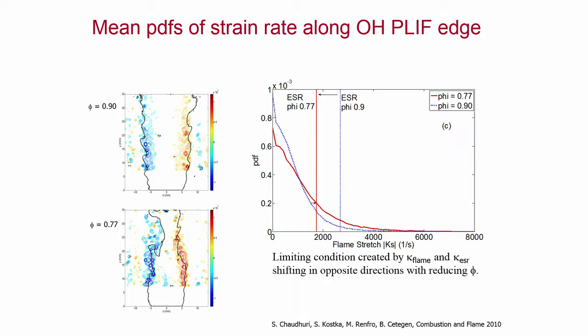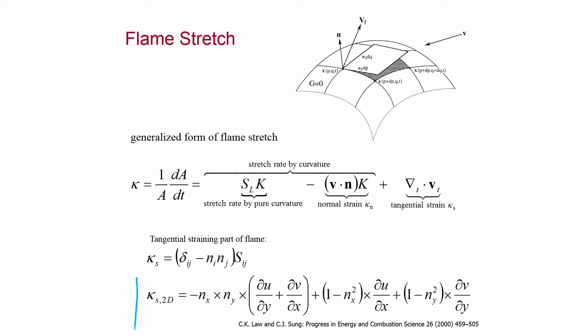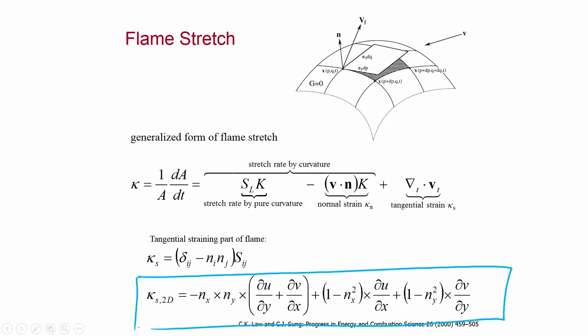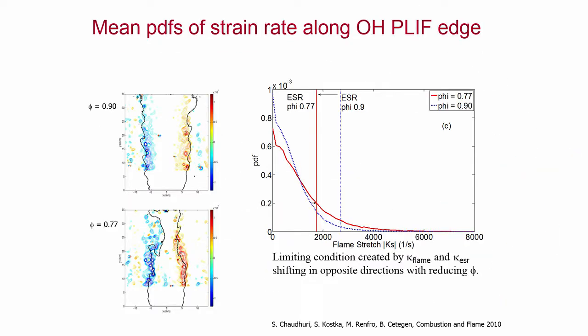Now we look into the PDFs of strain rate along the OH PLIF edge, which can be obtained by this formula. This is a projection of the strain rates along the flame tangent. Because this is a turbulent flame, you cannot have one value of stretch along the entire flame surface, so you generate a probability density function.